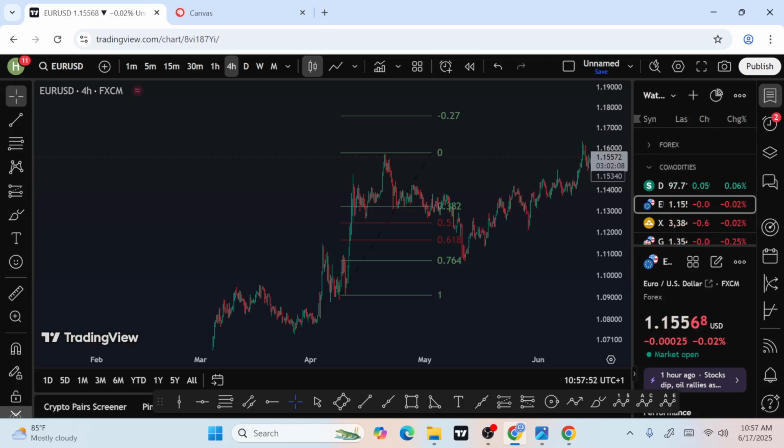All right, so with this Fibonacci, each of these lines that we see acts as support and resistance, depending on the kind of market that we have. If it is an uptrend, this acts as support.